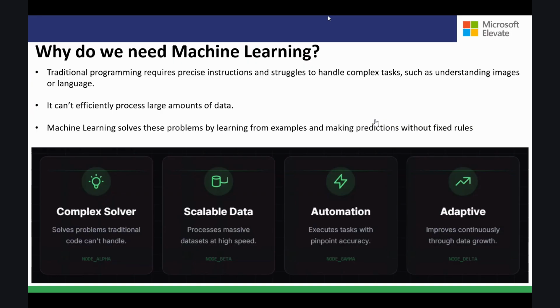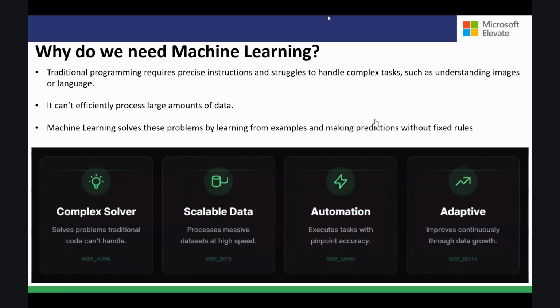To be honest, to train it properly you would require 200, 300 or more. But to get that task done with traditional programming, trust me guys, you would require 10,000 lines of code, and that we can do with machine learning in just a few hundred lines of code. That's it. So this is why we need machine learning.